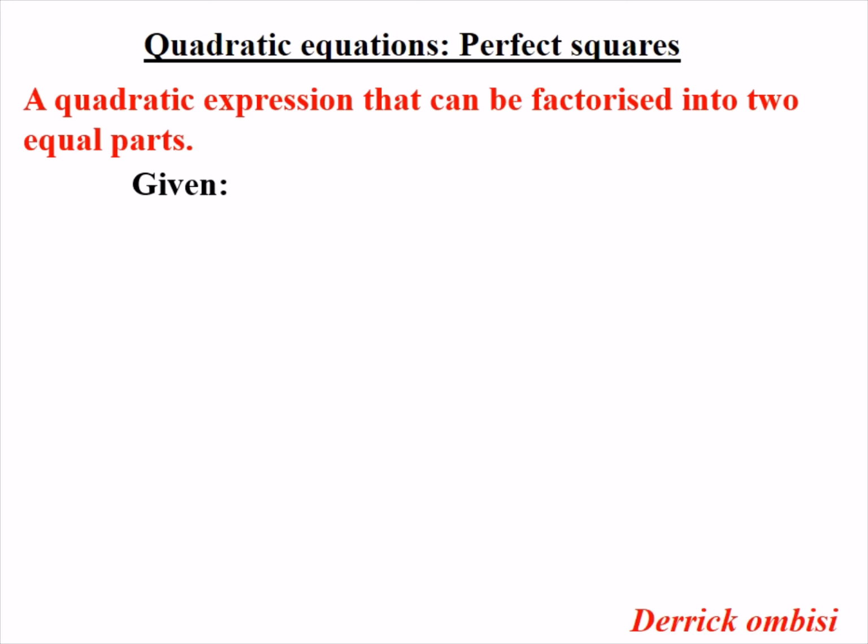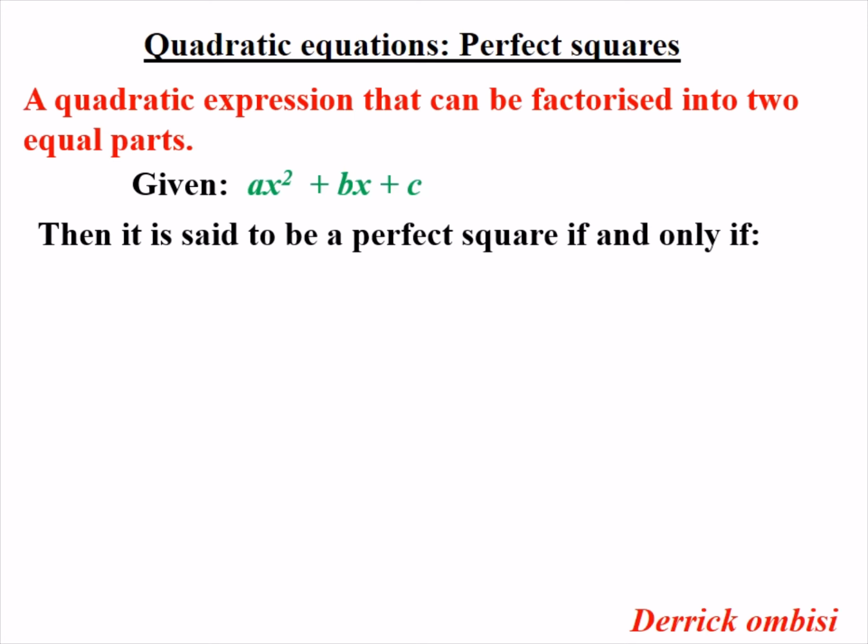When you're given an expression like ax squared plus bx plus c, where a and b are the coefficients of x squared and x respectively, and c is a constant, it is a perfect square if and only if the coefficient of x, which is b, divided by 2 and then squared, gives you a multiplied by c.